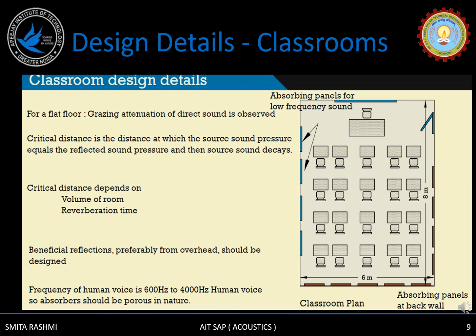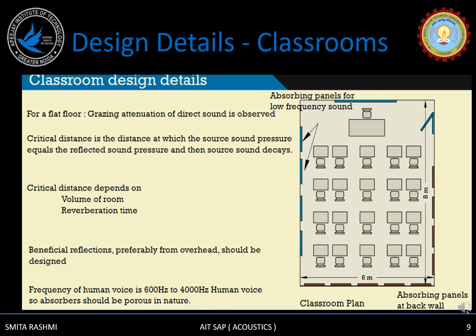So there comes a term called grazing attenuation. We get this word from the basic phenomenon of cattle rearing in a field, where they are basically grazing in the field. Grazing attenuation means when the sound source is incident at a very shallow angle, at a very low angle, the sound will be attenuated to some extent.